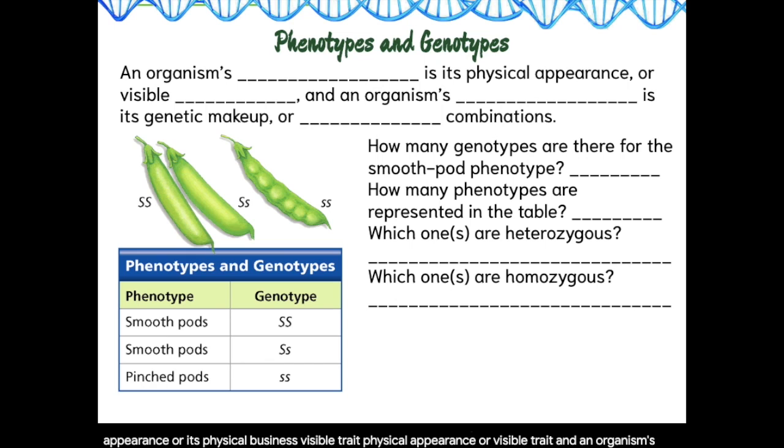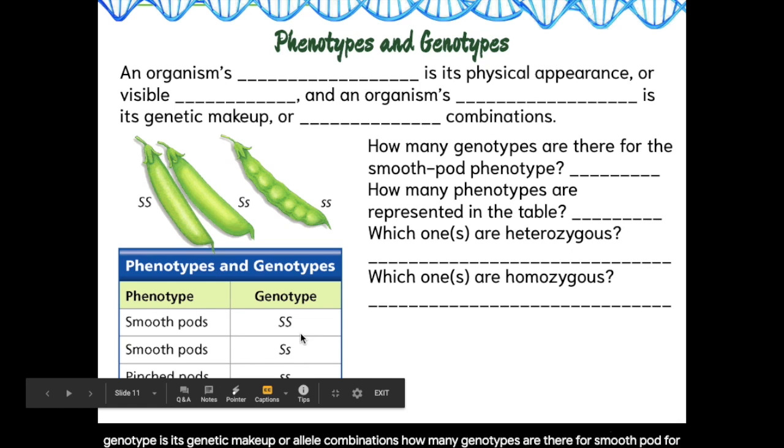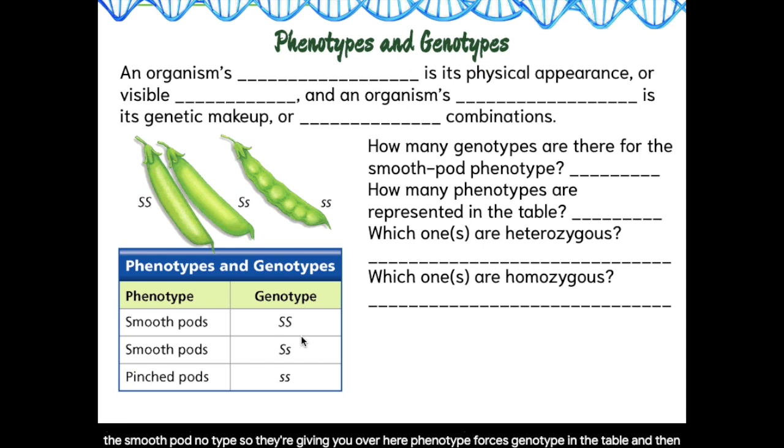How many genotypes are there for the smooth pod phenotype? They're giving you phenotype versus genotype in the table, and they want you to look at it. How many genotypes are there for smooth pods? That's right, there's 2.